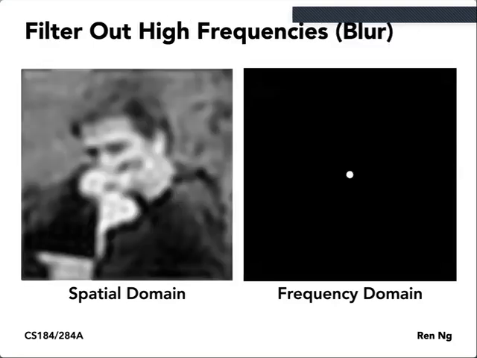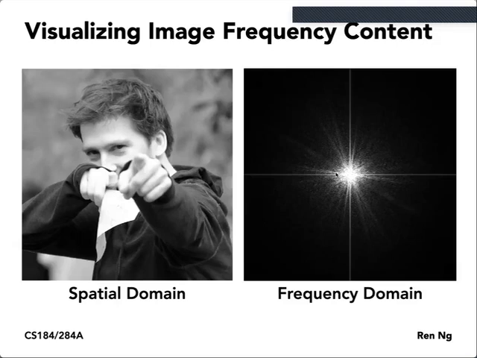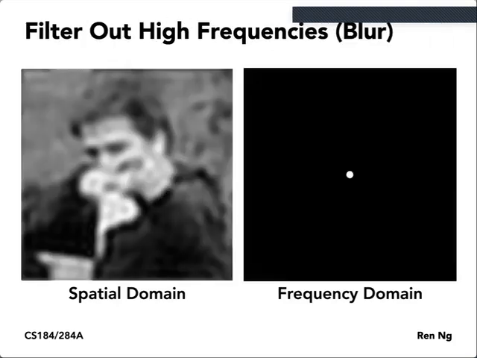What happens if we do the opposite? We filter out all the high frequencies. So I took the original Fourier transform here, and we just deleted everything above this disk close to the origin. What we've done is filter out all high frequencies except the very lowest, and this is the image that we get on the left-hand side.